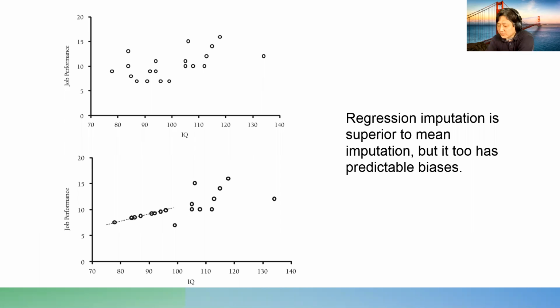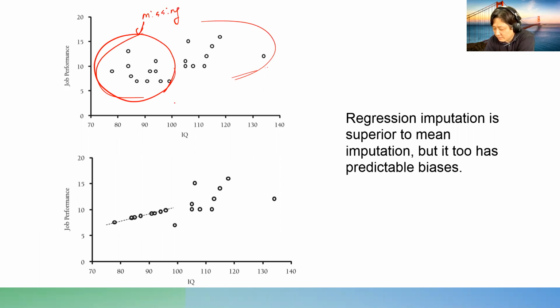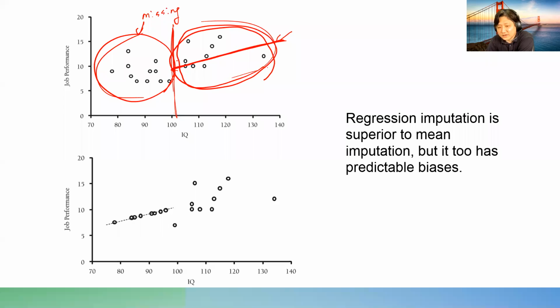So for example, this is our data set, right? But let's say these are missing. We do not have this variable. So we try to find the regression line using the complete data set, and this will be the regression line.